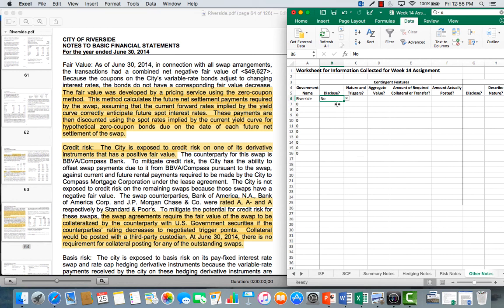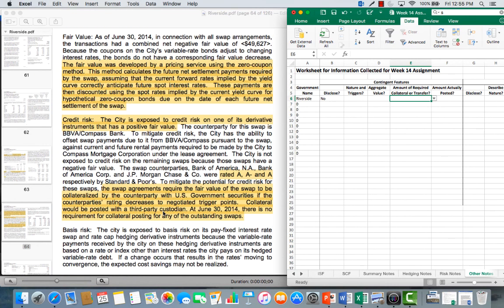If they did have contingent features, they'd be required to disclose the nature of those features and what triggers them, what the aggregate value is of the derivatives that are affected by these contingencies, and the amount of required collateral or transfer of other securities under the terms of the contingencies, because as you saw with the government, where it actually has one where the counterparty is required to post collateral, and they tell you the circumstances under which they have to.